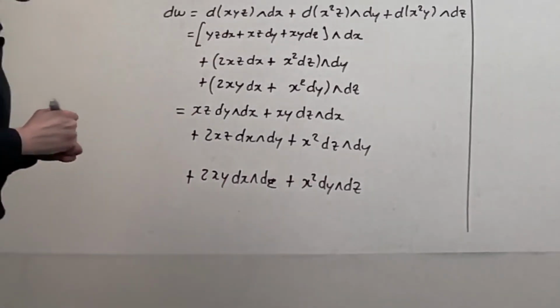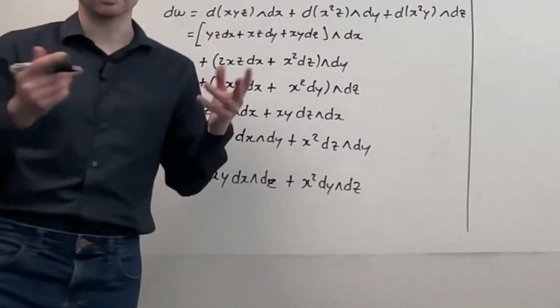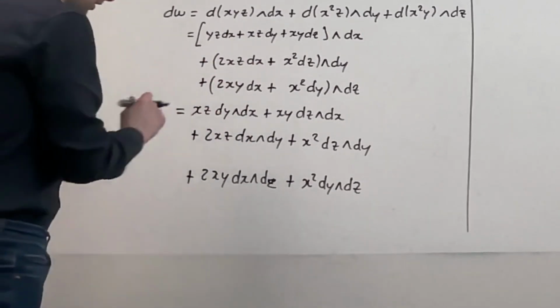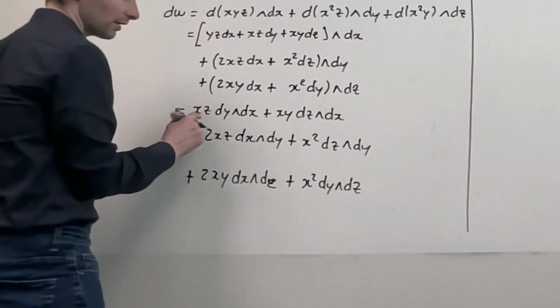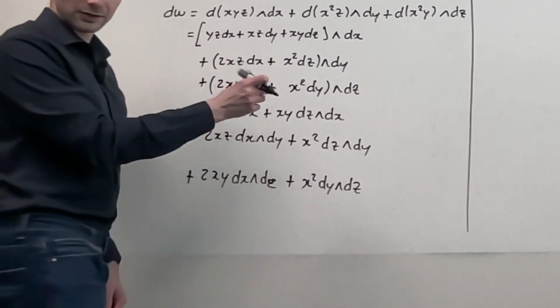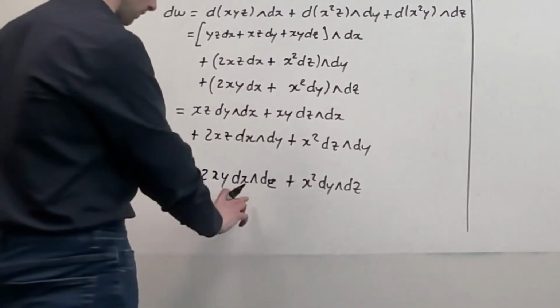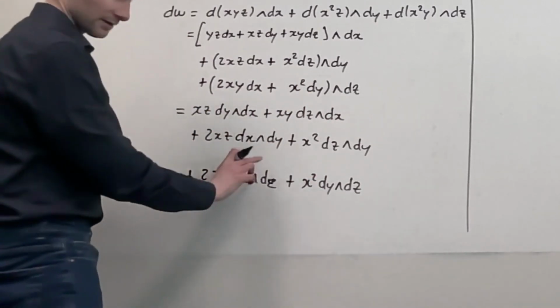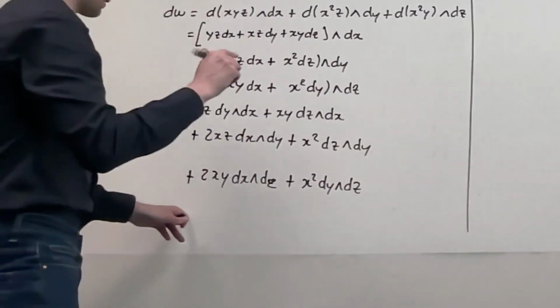Now, what I can do is make these things a bit more compact. The way I do that is by noticing that dy dx is equal to minus dx dy, that dx dz is equal to minus dz dx, and so on and so forth. So that's what I'm going to do on that side.